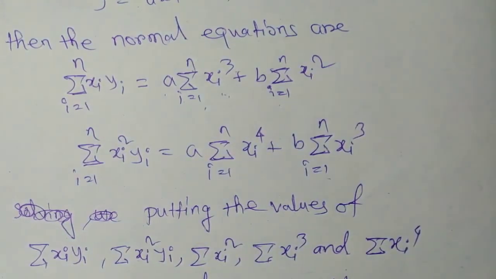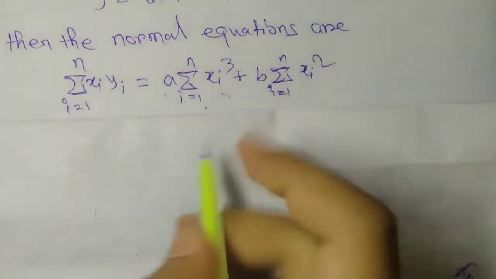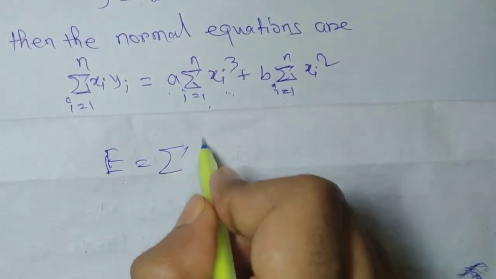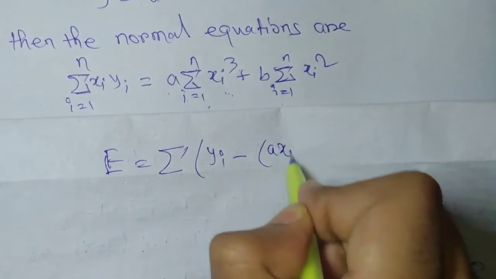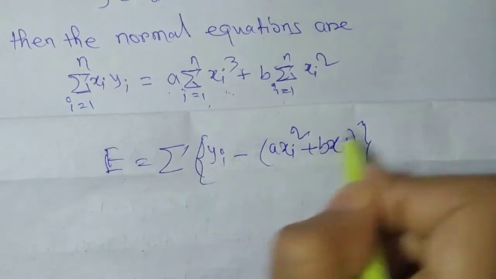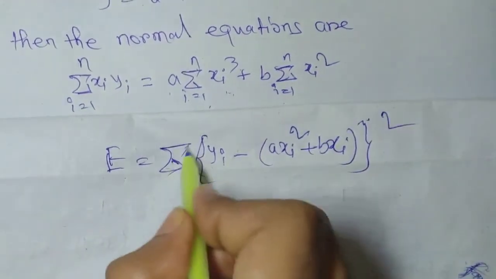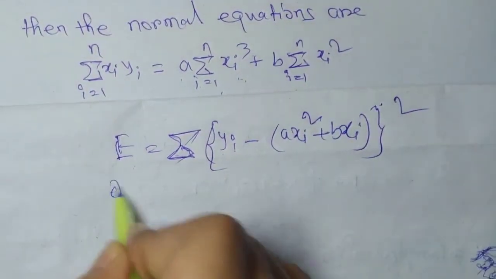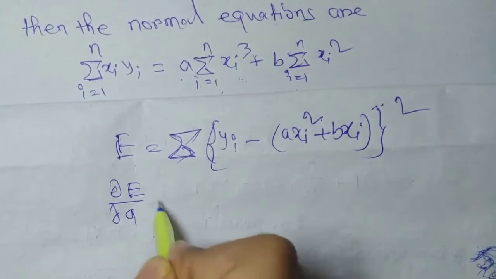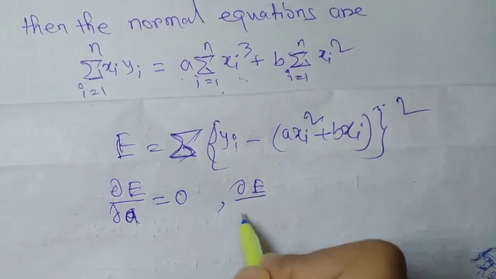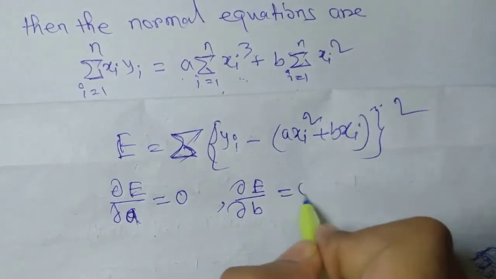By a similar method to what we did for the first case, here the error term e is equal to summation of yi minus (a xi square plus b xi), whole square. We take this as the error, and you have to find the partial derivative with respect to a and set it to 0, and another is del e by del b, and this we also set to 0.